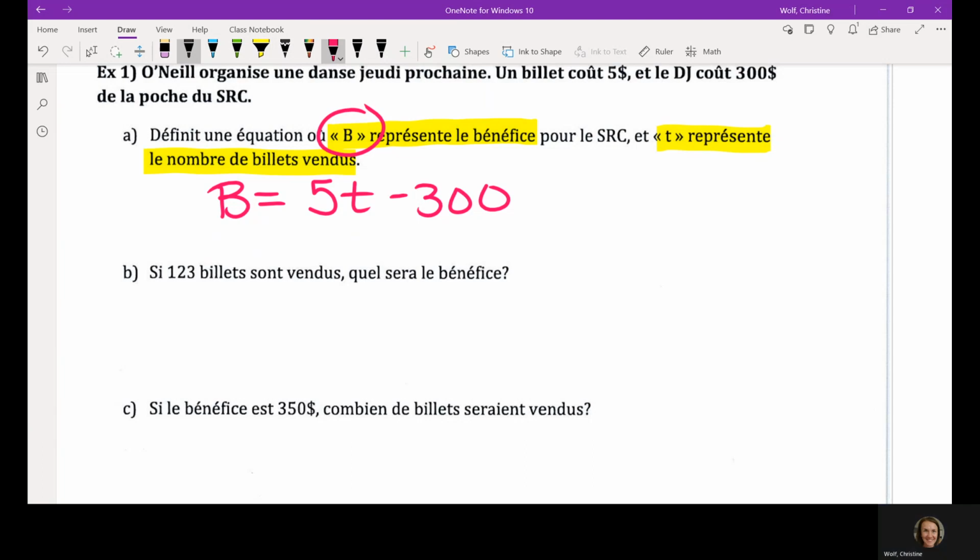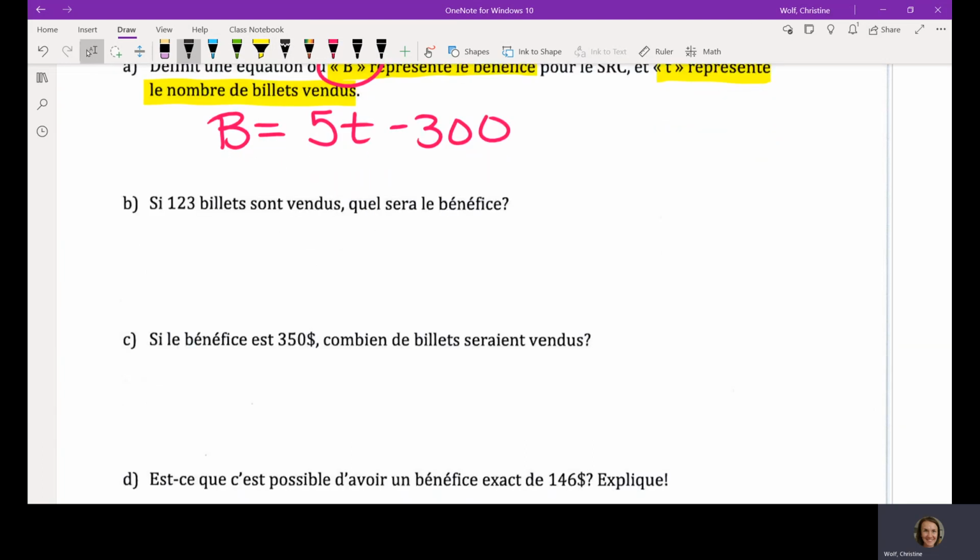Okay? All right. So, si 123 billets sont vendus, quel sera le bénéfice? So they sold 123 tickets. So on sait que T, le nombre de billets, égale 123. Alors, tout ce que je fais maintenant, je remplace T avec 123. So le bénéfice égale 5 fois le nombre de billets vendus, but we still subtract their DJ payment de moins 300.